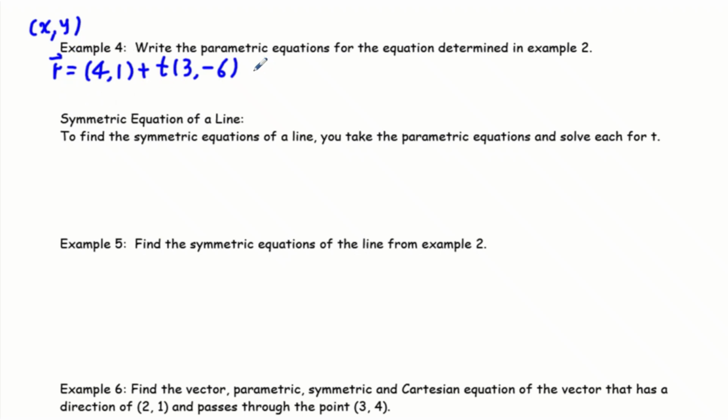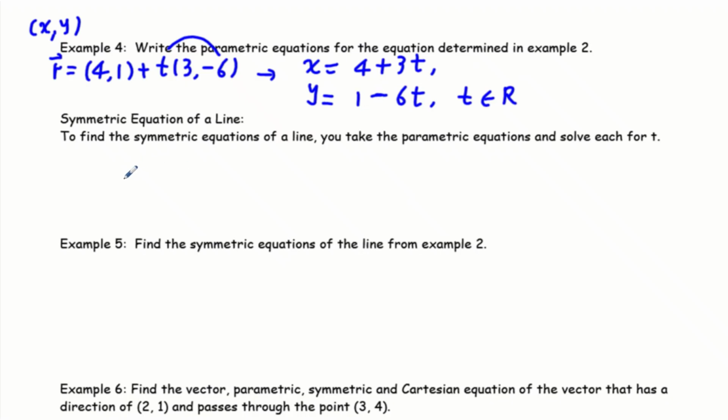So x equals 4 plus 3 times t, and y equals 1 minus 6 times t, x direction and y direction separately, and write t belongs to all real numbers. Then it's done. So this is your parametric equations for a line.